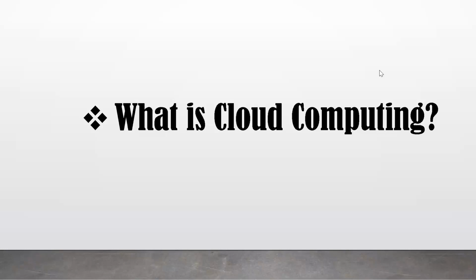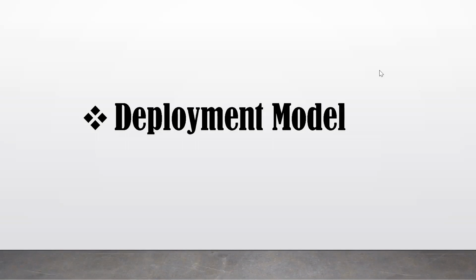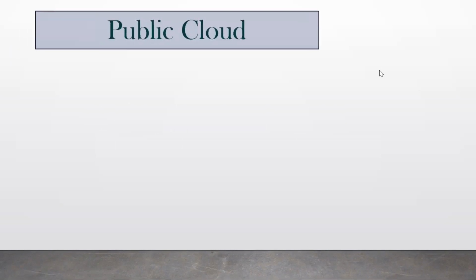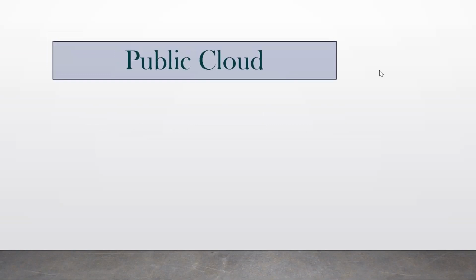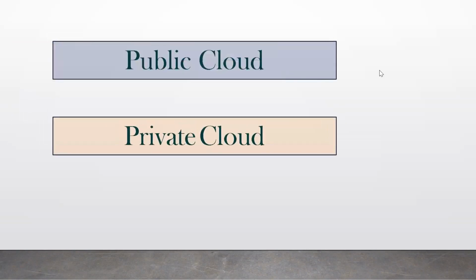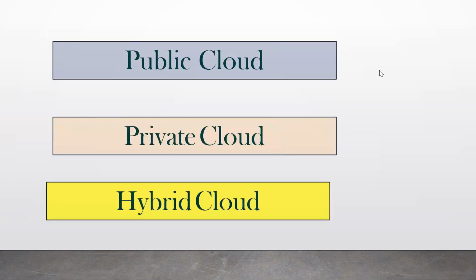Now the next point, what is deployment model? There are three types of deployment model. The first one is public cloud, the second one is private cloud, and the third one is hybrid cloud.